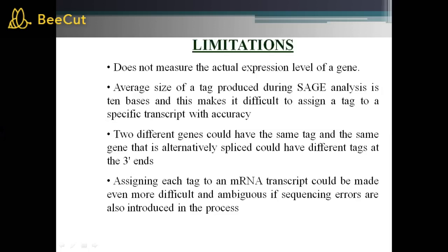The average size of a tag produced during SAGE analysis is 10 bases, and this makes it difficult to assign a tag to a specific transcript with accuracy. There are so many transcripts available, and for each transcript the tag sequence is from 10 to 15 base pairs.